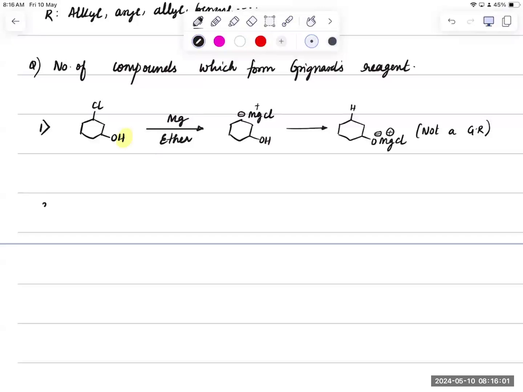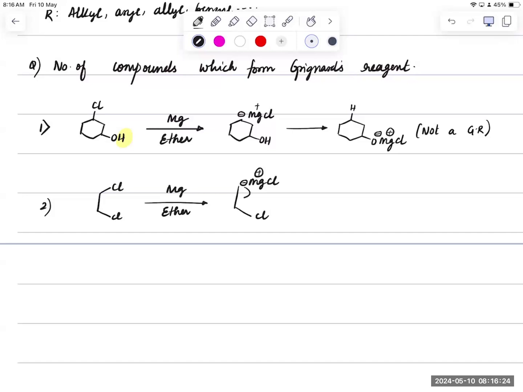Clear? Second case, suppose you have two chlorides like this, and then I'm treating with magnesium and ether. Again, at one place, it will form R minus MgCl plus, and the other side we have Cl.